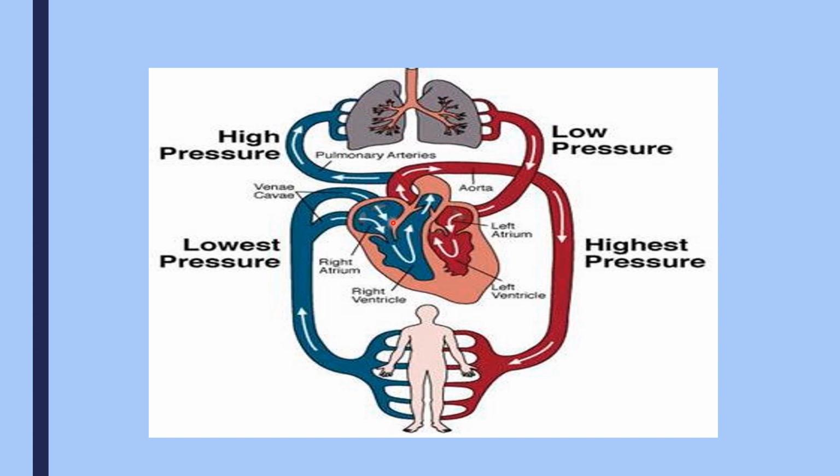Now it is time for the atria to contract and the ventricles to relax. So when the ventricles relax, the cuspid valves open, blood from the right atrium enters into the right ventricle, and blood from the left atrium enters into the left ventricle. Now the relaxation of the ventricle is done, and the contraction of the atria is also over.